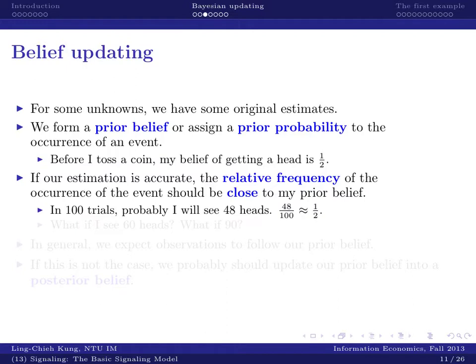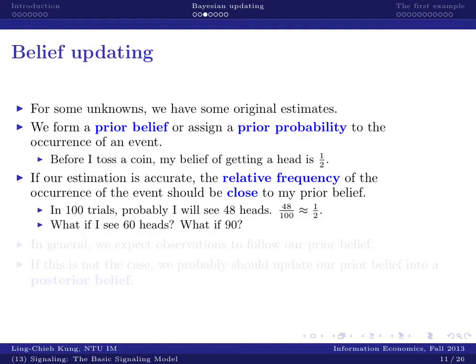If I really see 48 heads, then I am somehow confirming this prior belief because this relative frequency is very close to 1/2. However, if I see 60 heads, then that's another story.